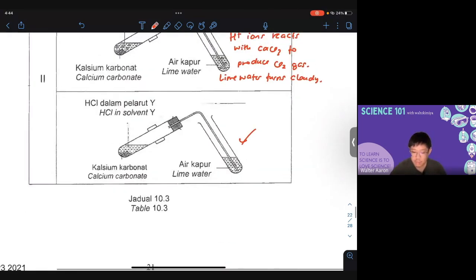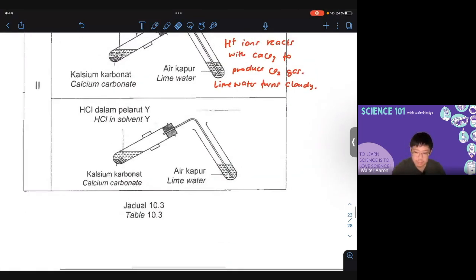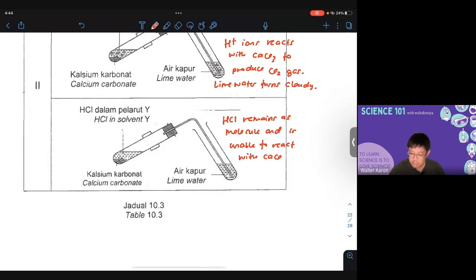After that, the other one will also be very simple. This one also you say here, HCl remains as molecule and is unable to react with calcium carbonate.